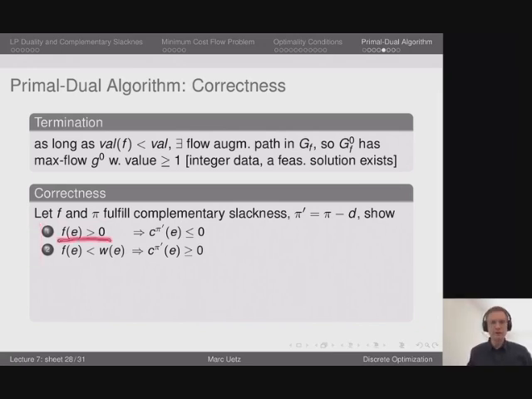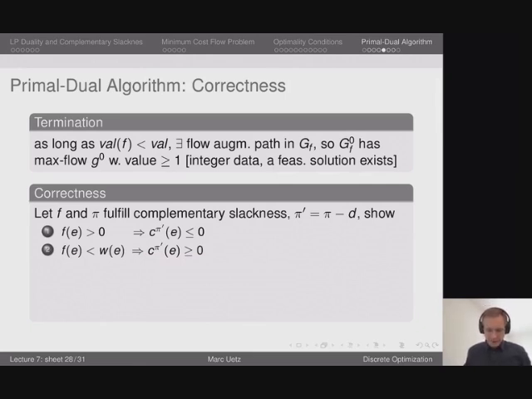Whenever the flow value is larger than 0, then the new reduced cost coefficient would be non-positive, smaller or equal to 0. And whenever the flow value is smaller than the upper capacity, then the new reduced cost coefficient will be non-negative.